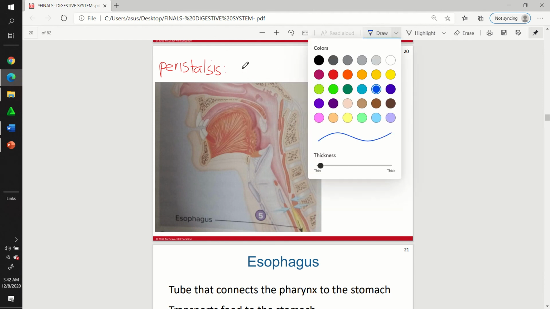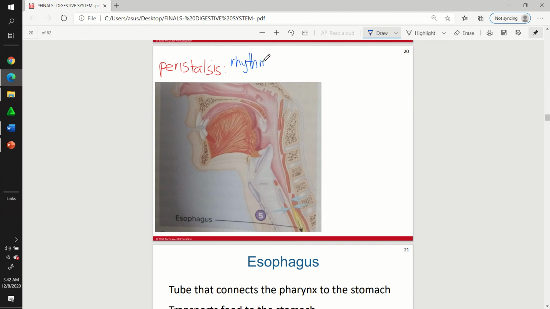It is actually a rhythmic movement, contraction and relaxation of your smooth muscle, which propels liquid and solids through the esophagus into the stomach. Okay? Yan yung tinatawag po natin na phases of your swallowing.